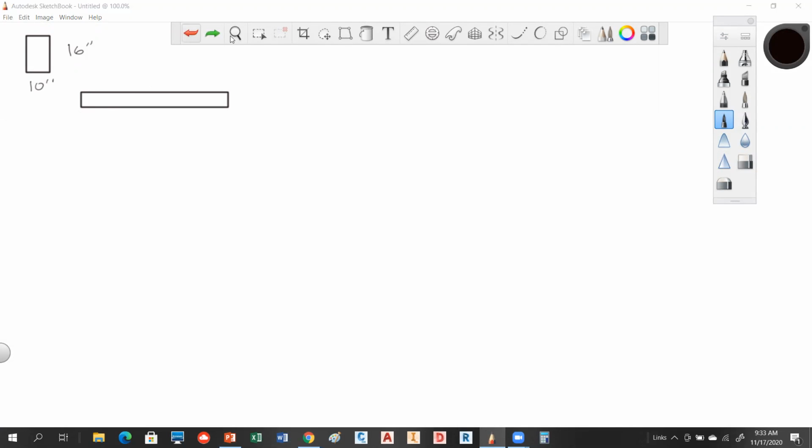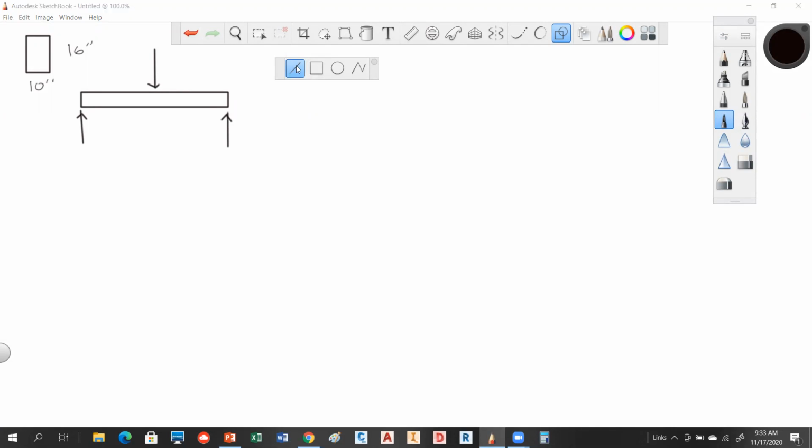Let me do this a little bit better. We have a beam that's simply supported, and it also has a very simple load right in the middle. So mid-span, we've got a load. We also have a reaction here, and a reaction here.